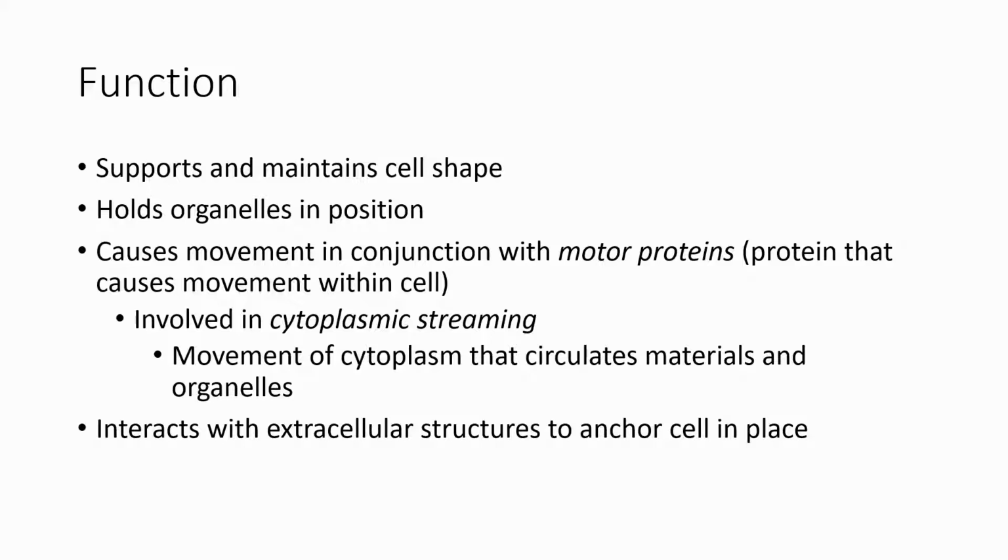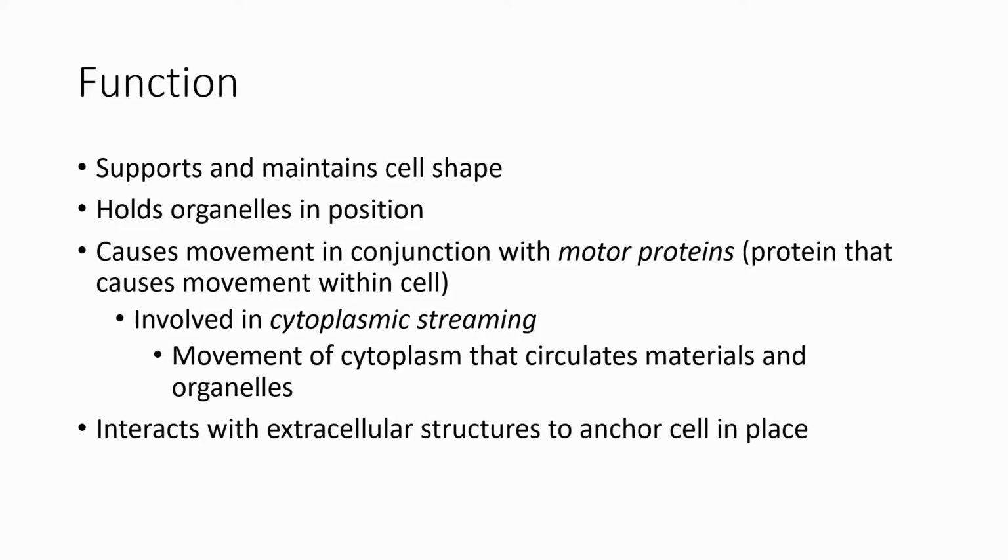You won't see this in plant cells really, but even the structures that give mobile cells the ability to move around also contain elements of the cytoskeleton, for example, flagella and cilia, which allow cells to swim through fluids. The cytoskeleton elements also help interact with the extracellular structures that help keep cells in place. This is especially important if you, like us, are multicellular and you want to keep your cells arranged in a particular arrangement.